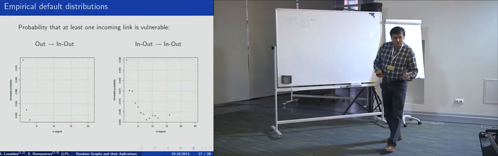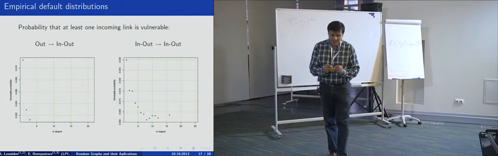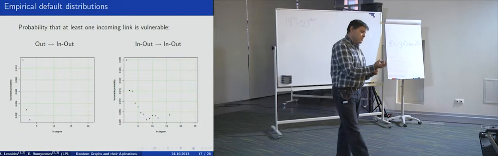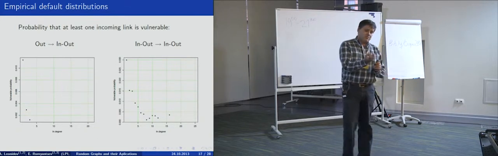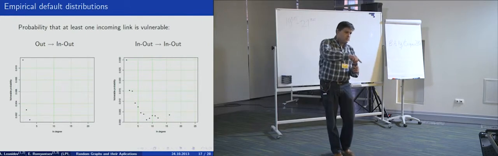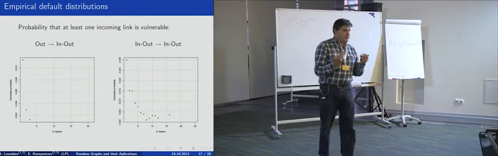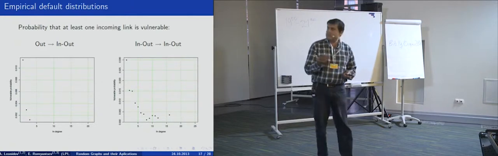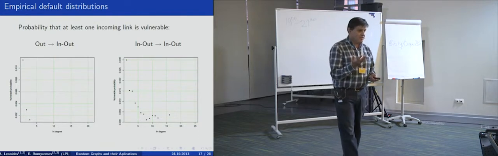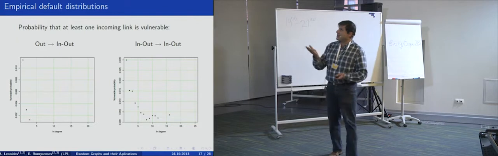Now, to your question, what is important to us? Remember in the English paper, there was only one source of contagion, which was uniformly distributed over the incoming links. And now we're in a position to measure the probability of having at least one incoming link that is contagious for all the situations that are there.